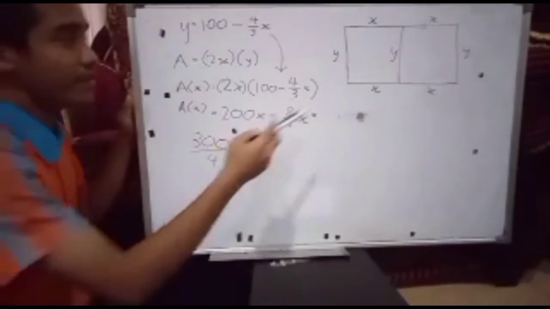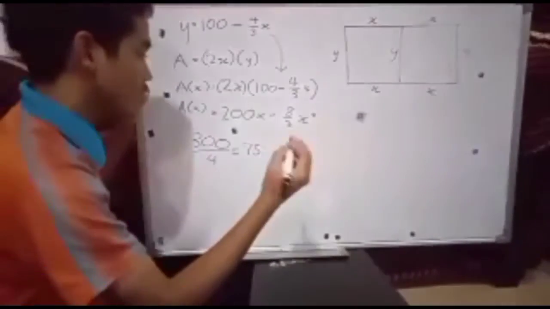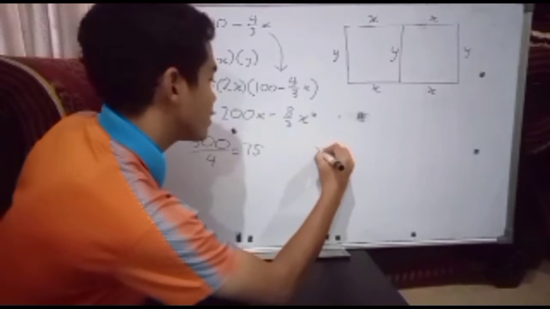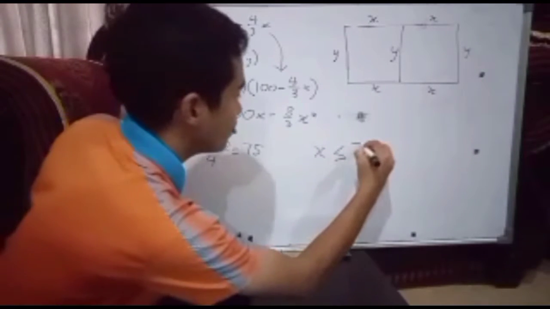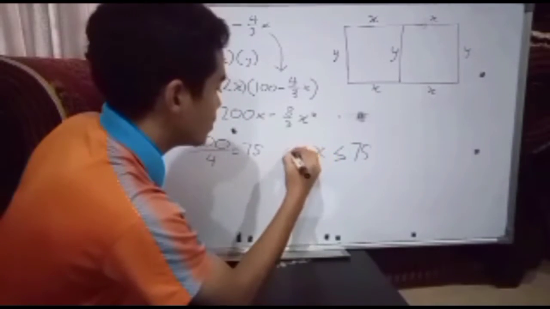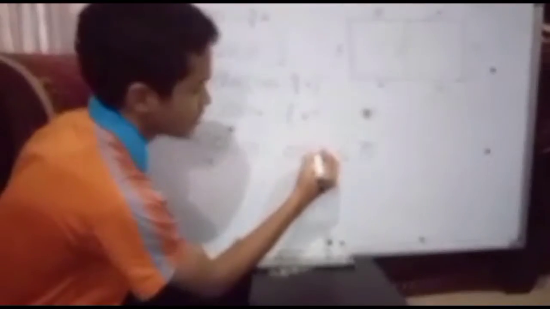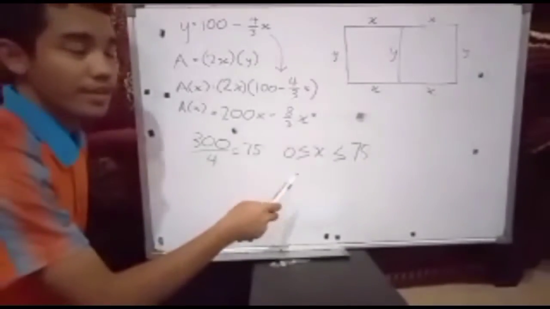So 75 is the maximum value of x. So now we know the domain is x less than or equal to 75, and also 0 is less than or equal to x. So this is the domain of the function.